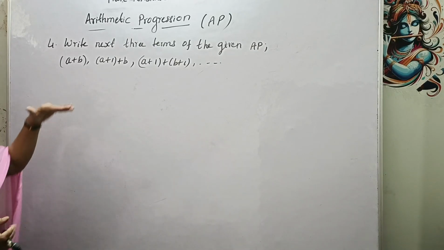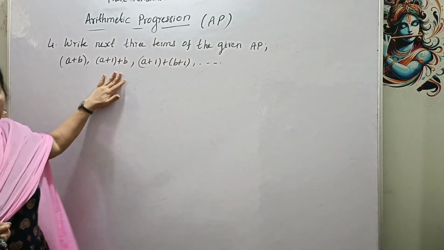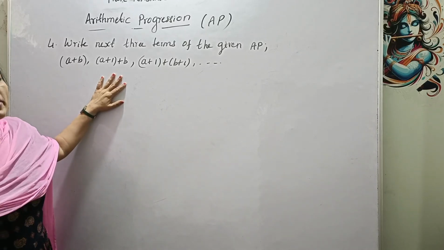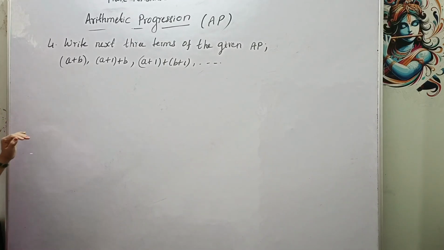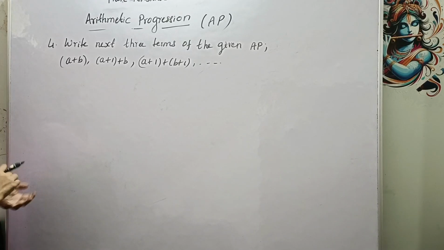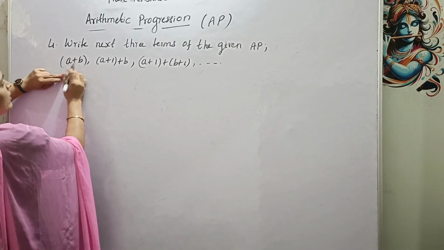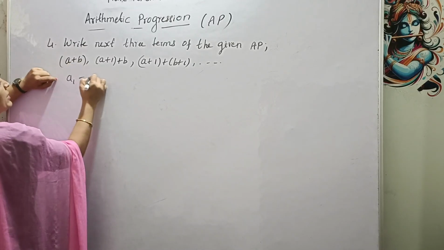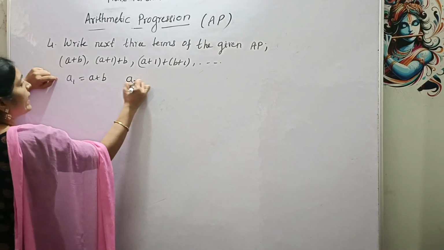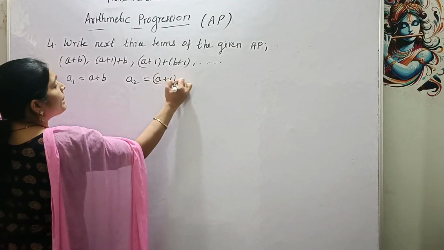Now here, see, it's an AP. It is given that it's an AP. Therefore, there is a common difference, right? So let's find the common difference. Then only we can find the next 3 terms, right? So first of all, let's find the common difference. Here a1, that is the first term, is equal to a plus b and the second term is equal to a plus 1 plus b.